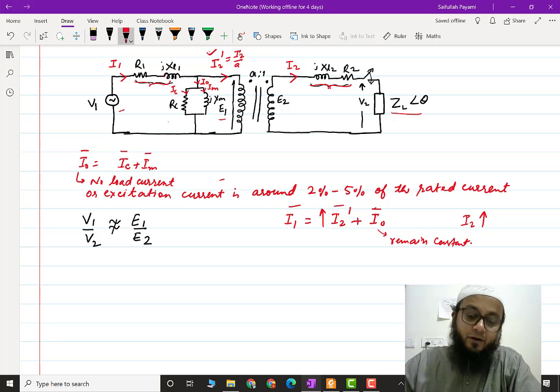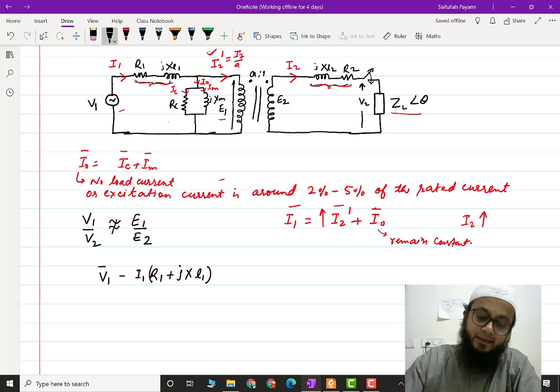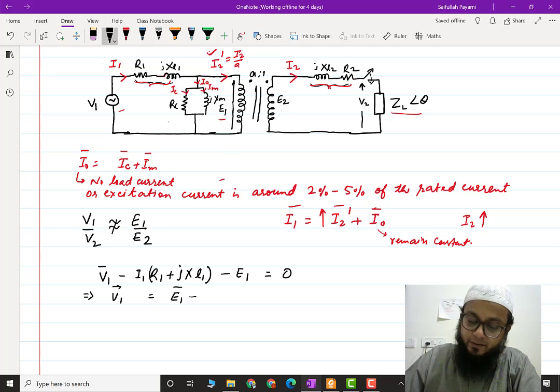If you want to write the KVL here, V1 minus I1 times (R1 plus jXL1) minus E1 would be equal to 0. That means V1 is equal to E1 plus I1 times (R1 plus jXL1).